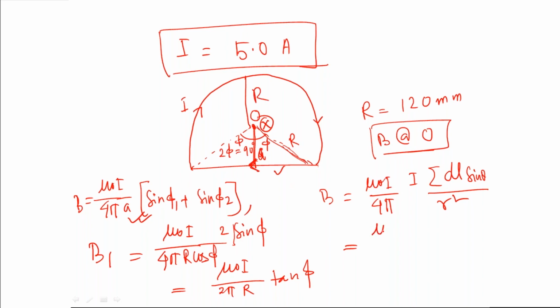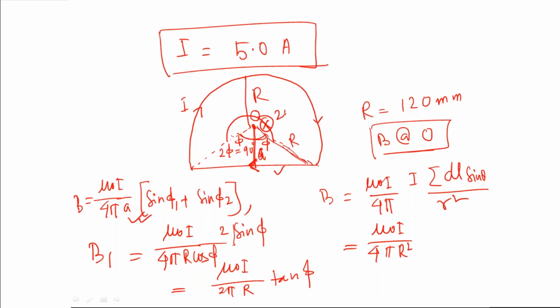Only thing is, for the curved path this is the r, so mu 0 I by 4 pi, and then r square, and sine 90 degrees is equal to 1, and summation of dl you have to write, that means the length of this whole arc. So this is 2 pi, right?